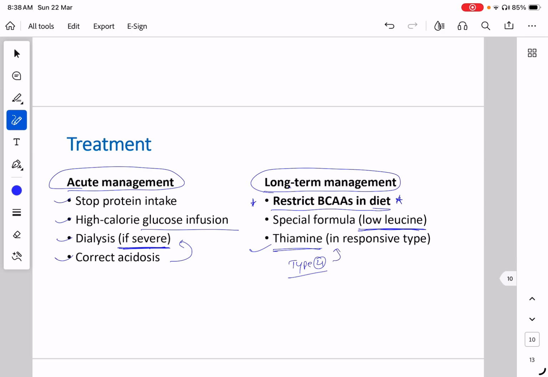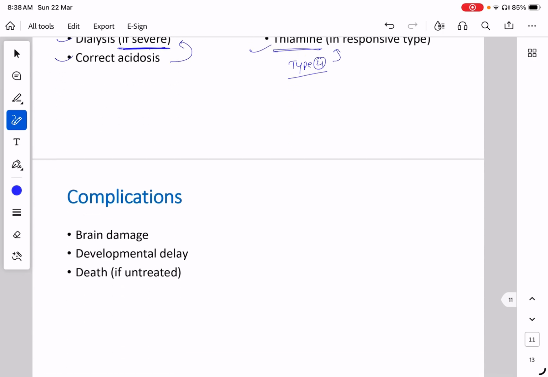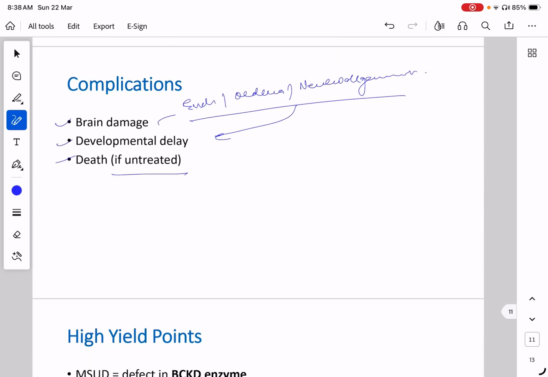So we should try thiamine in those cases. Complications: we have already seen brain damage, like encephalopathy, cerebral edema, and neurodegeneration. These are all the consequences of this syndrome. Developmental delay definitely because of all these things, and death if left untreated.